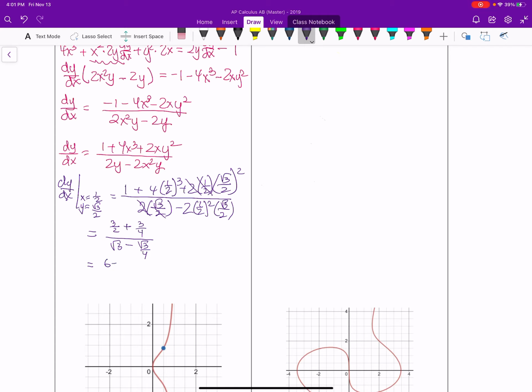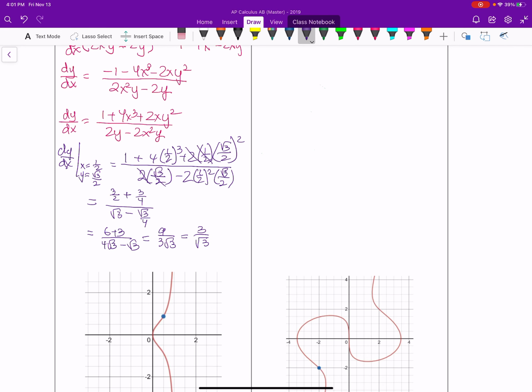So that's going to give me 6 plus 3 over 4 root 3 minus root 3. So that is going to give me a 9 over 3 root 3. So a 3 over root 3 should be the derivative at that point. If I did that on a calculator just to see the approximate value, I'm just taking the square root of 3 times, oh no, I have to take 3 and divide by the square root of 3.